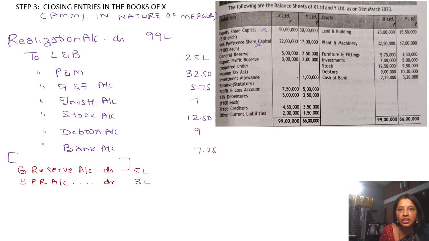Then investment allowance reserve is not there for this company, so we will not take it. Then profit and loss account debit 7,50,000.